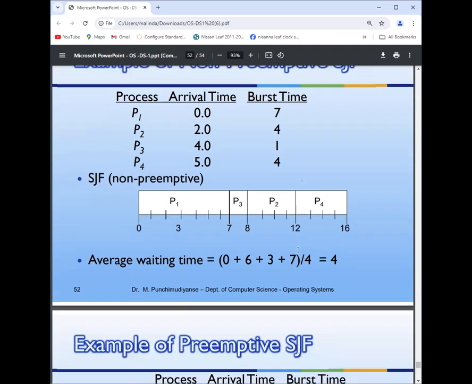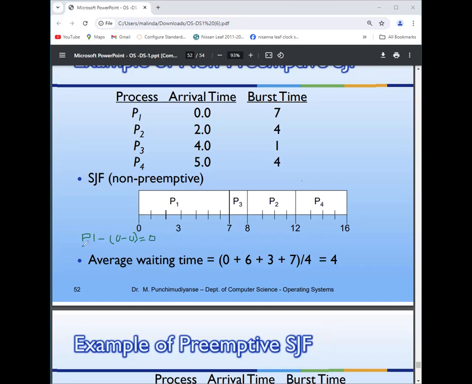So let's calculate the waiting time. P1's waiting time is how many milliseconds? P1 arrived at time 0, and it got the CPU at the same time. So 0 minus 0 is 0.